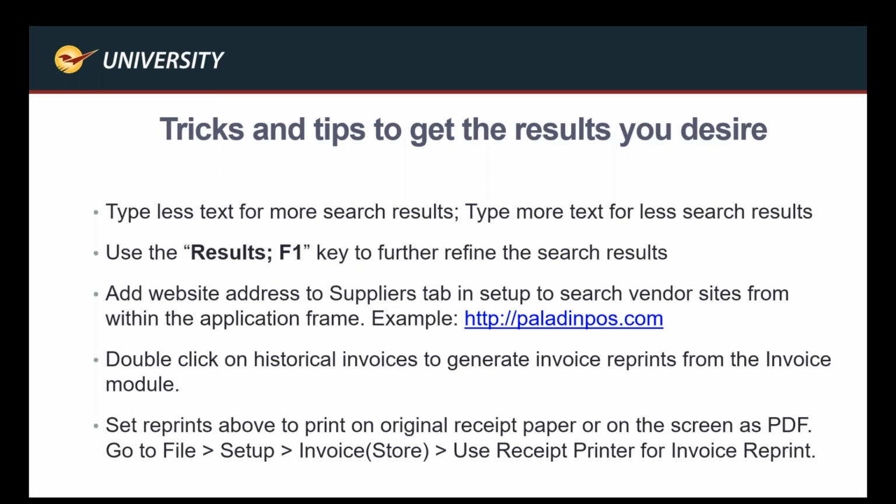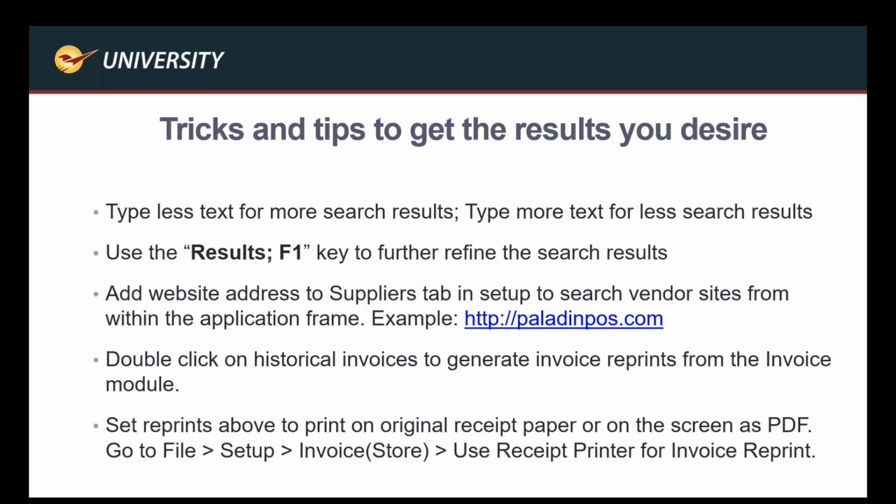Now, I don't know if you know this, but you can add a website address in the suppliers tab under File Setup in Paladin, and you can actually spawn vendor sites from the advanced lookup window as well, within the frame. What's nice about this is some stores don't have locked down, let's say, internet browsing on their computers, okay?